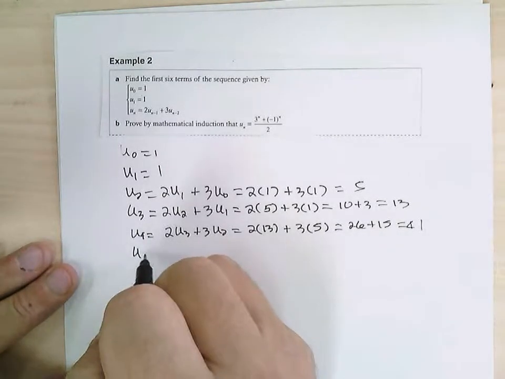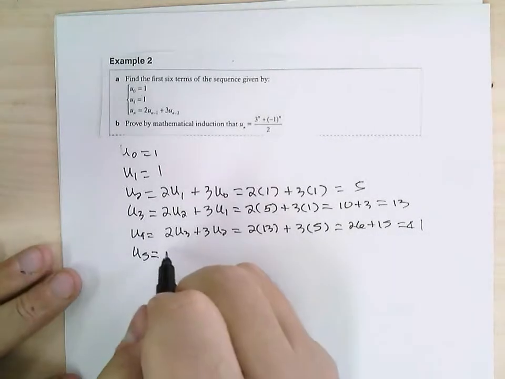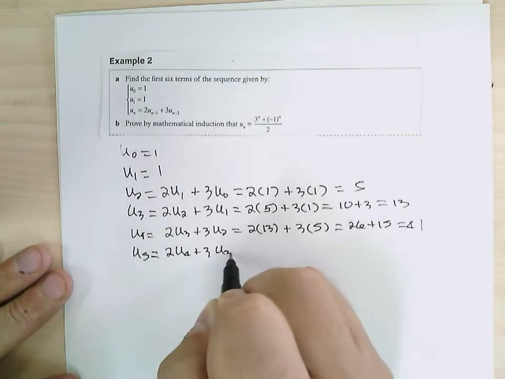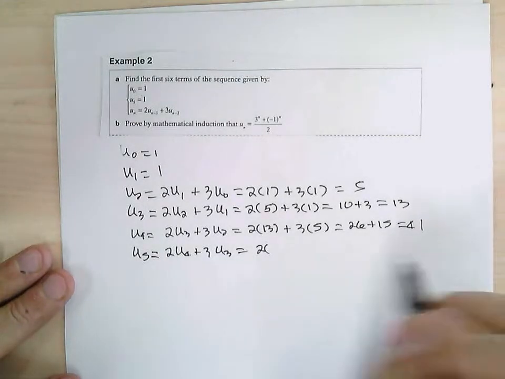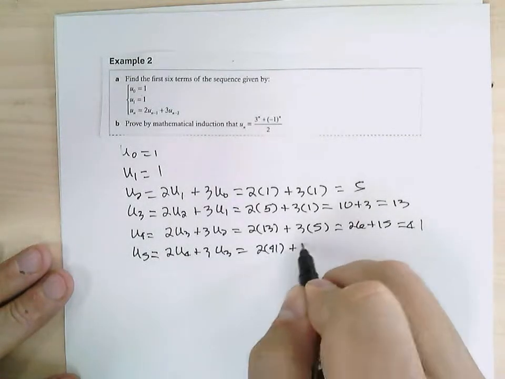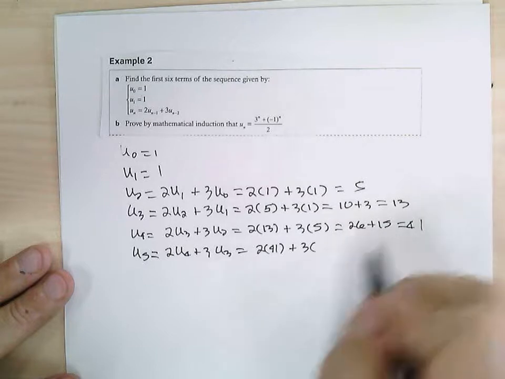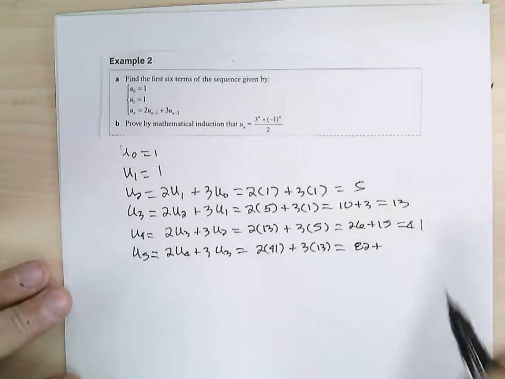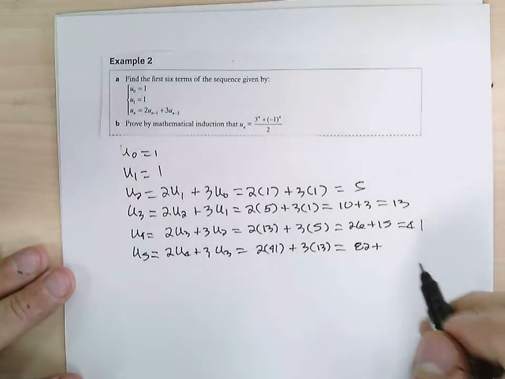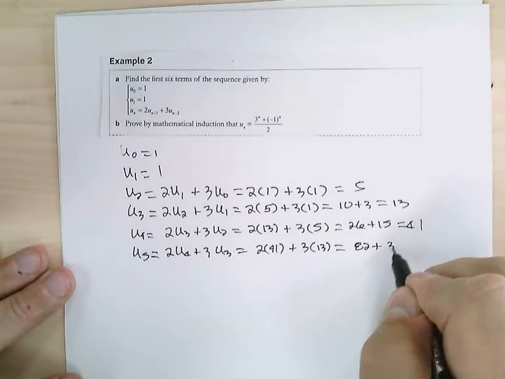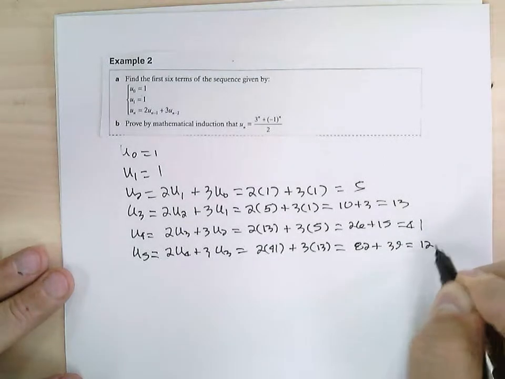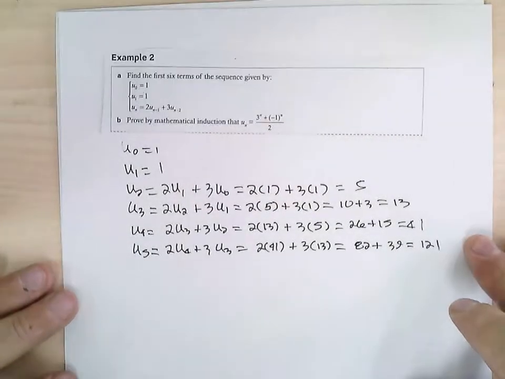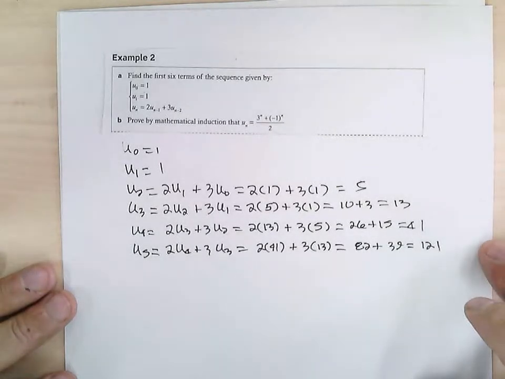And then u of 5, which is the 6th term, 2 times u of 4 plus 3 times u of 3, which is 2 times 41, and 3 times 13, and I'm going to get 82 plus 39, and it's going to be 121, and there you go. And that's the first 6 terms of the sequence.